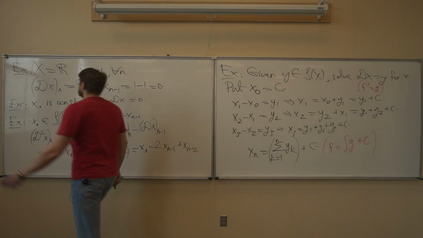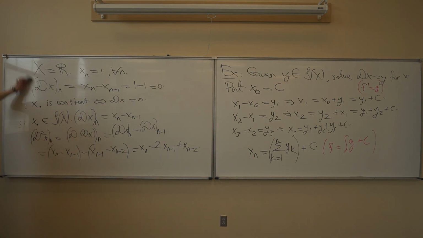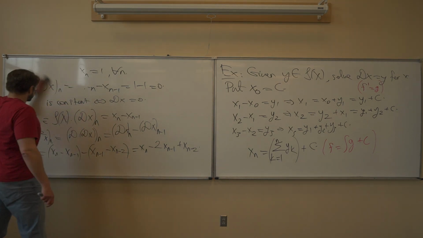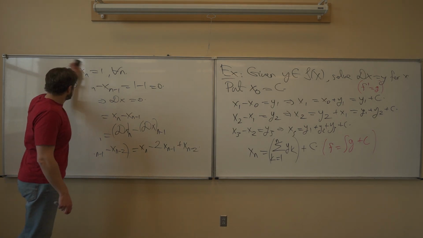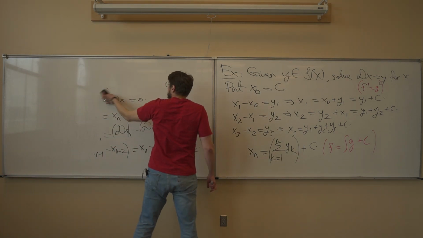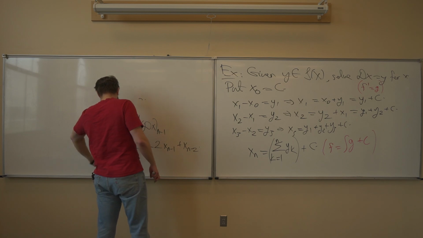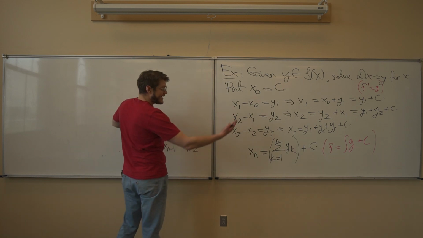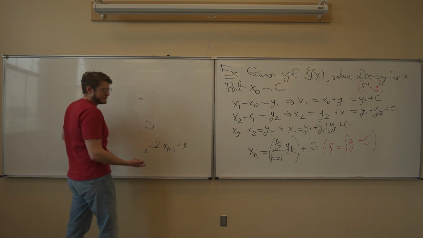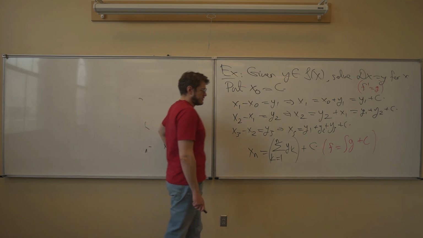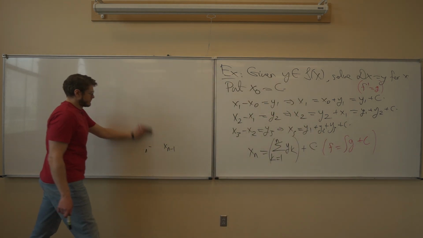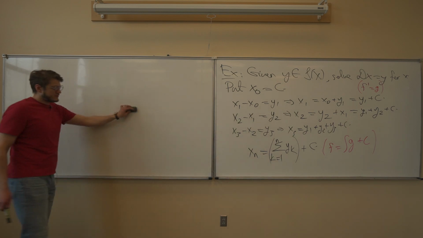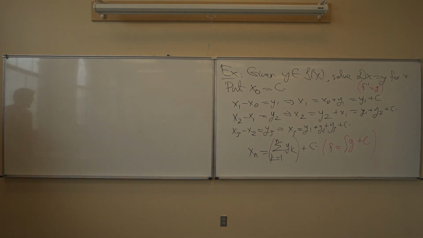Let me just remind you these two things. Now, we still haven't defined the analog of the Riemann integral to begin with. This seems like an antiderivative, but recall that the Riemann integral is different than an antiderivative.